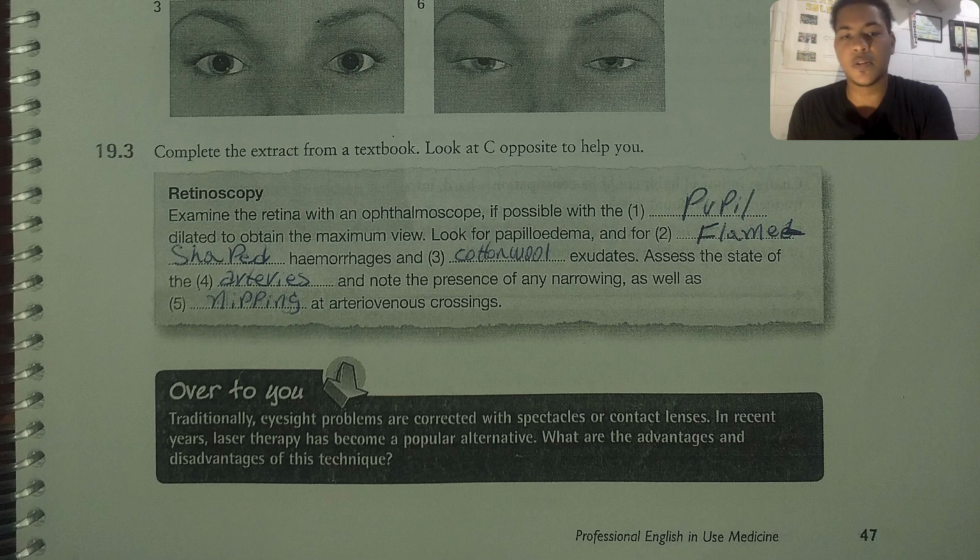Look for papilledema, flame-shaped hemorrhages and cotton wool exudates. Assess the state of the arteries and note the presence of any narrowing, as well as nipping and arteriovenous crossing.